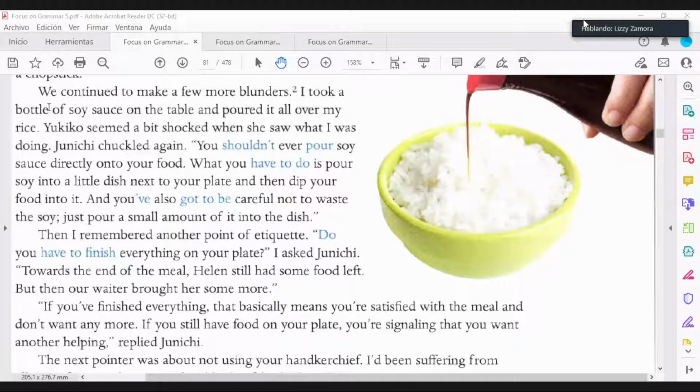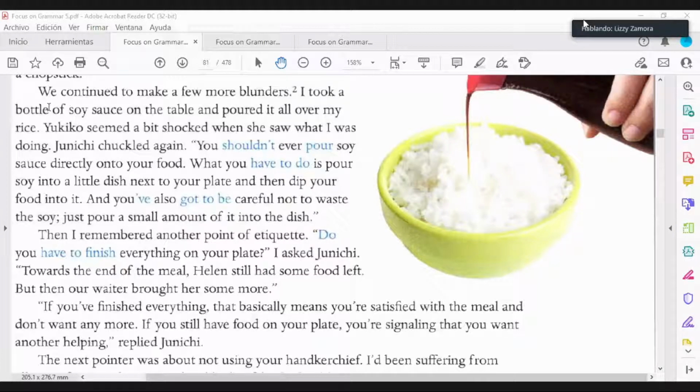I took a bottle of soy sauce on the table and poured it all over my food. Yukiko seemed a bit shocked when she saw what I was doing. Junichi chuckled again. You shouldn't ever pour soy sauce directly onto your food. What you have to do is pour soy sauce into a little dish next to your plate and then dip your food into it.